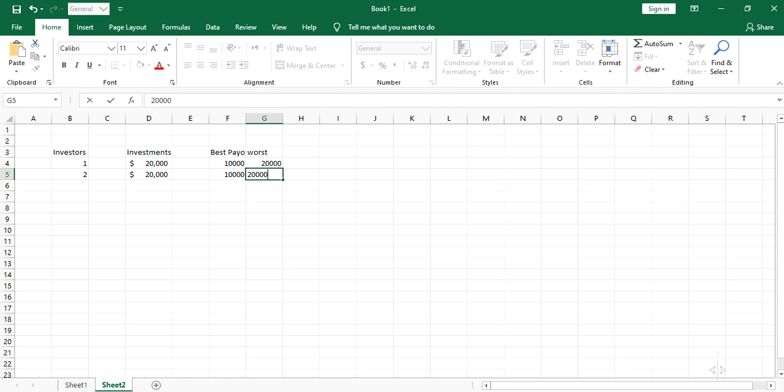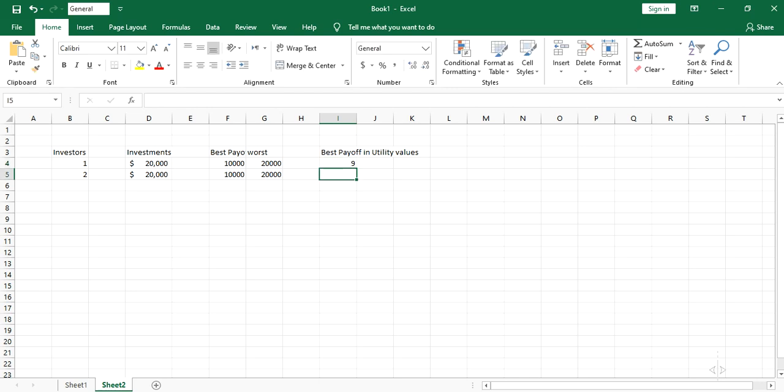Now, the best payoff in utility values. For investor one, let's say this best payoff gives us 9.